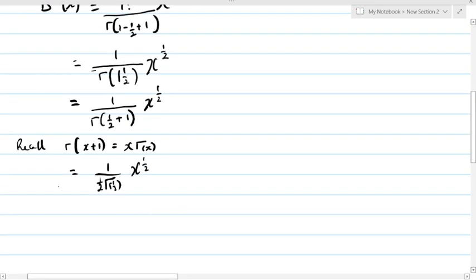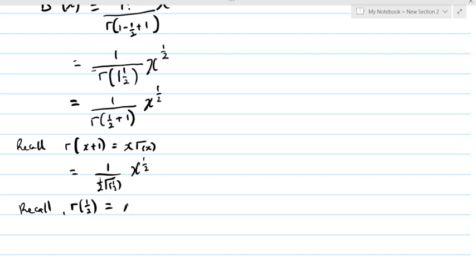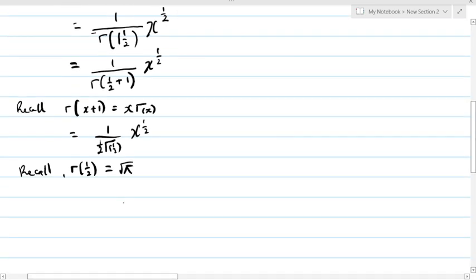Also you will recall that in our gamma properties, we have gamma of half to be root pi. I believe you remember that. So we also substitute that back. Then we are going to have 1 over half times root pi, times x to the half.